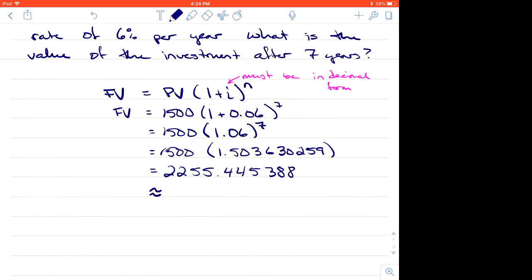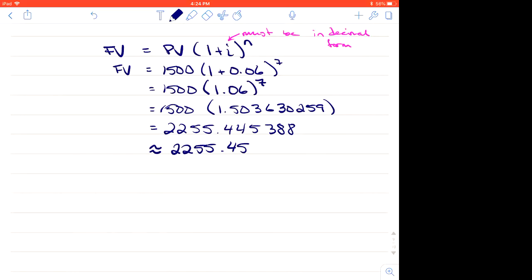But the squiggly equals just say approximately equal to $2,255.45. Okay. So the future value would be $2,255.45. Okay. Cool. All right.